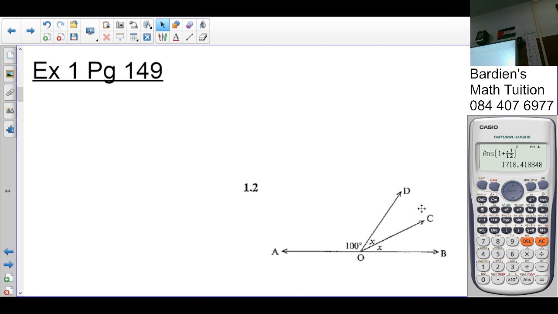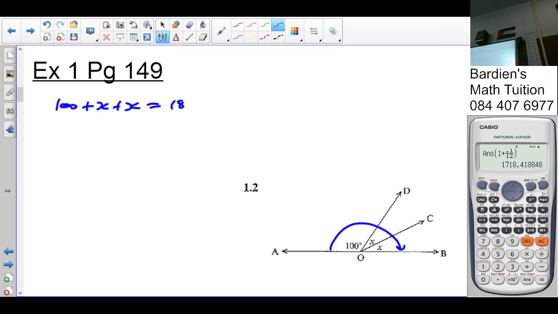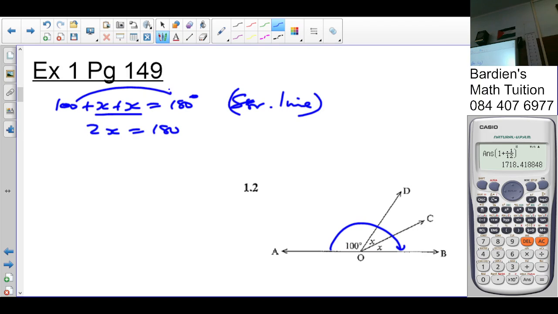I'm going to calculate 1.2. 2x plus 100, plus x plus x, so 2x plus 100 equals 180. Why? Straight line. So 2x is equal to 180 minus 100. You see equations come into play here.